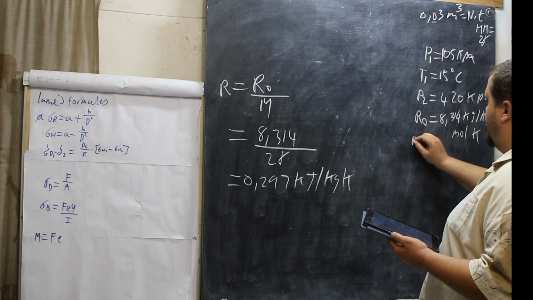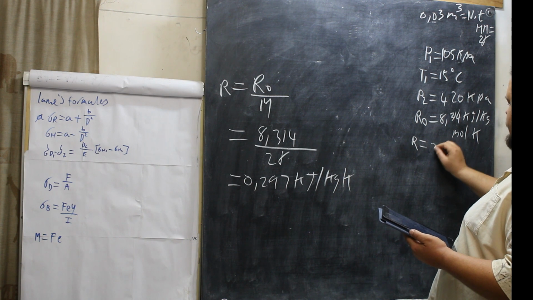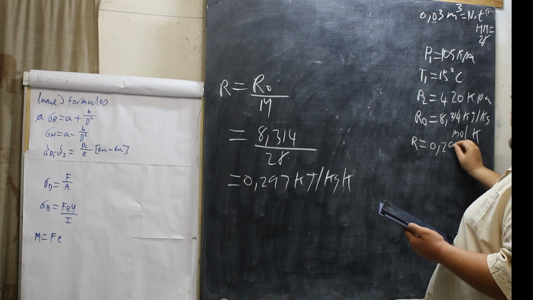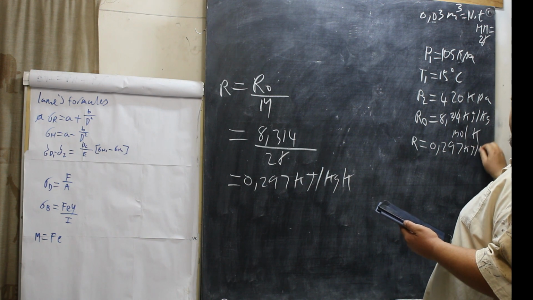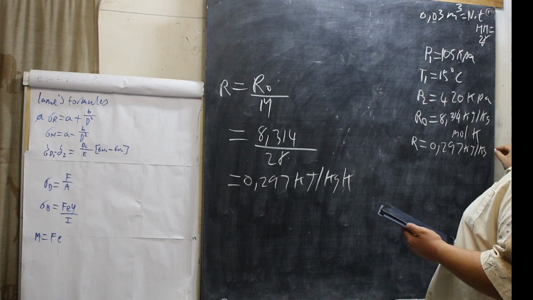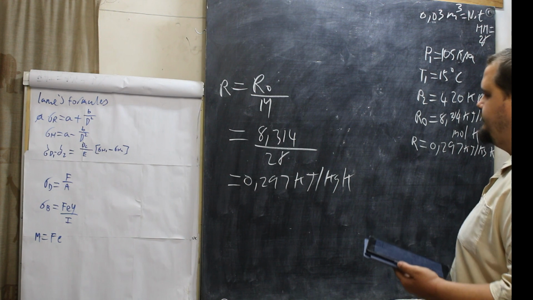So R will be important because we had to work it out. So 0,297 kilojoules per kg Kelvin.